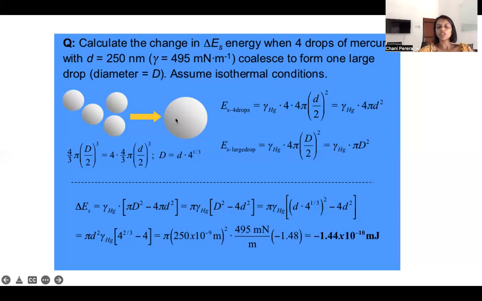If we add up the volumes of these 4 droplets, that should be equal to the volume of the large drop. So by equating the volumes, we can come up with a relationship for the big drop's diameter in terms of simple D, that is capital D equals simple D times the cube root of 4.